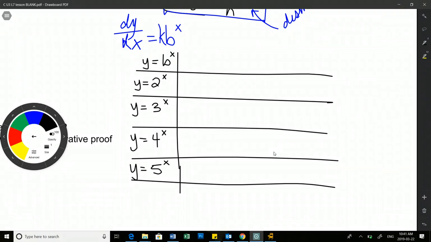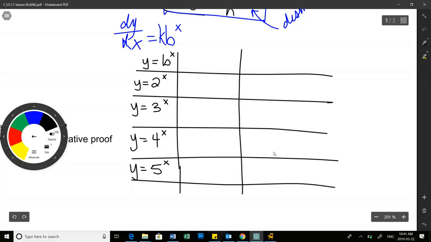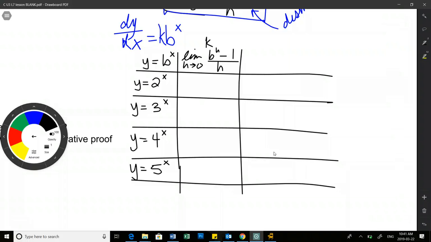Okay, and then I want to know what that guy up there that we labeled as k is approaching as h approaches 0 for this variety of bases. So I'm interested in my k value, which we know to be the limit as h approaches 0 of this equation, as we use a variety of different bases.